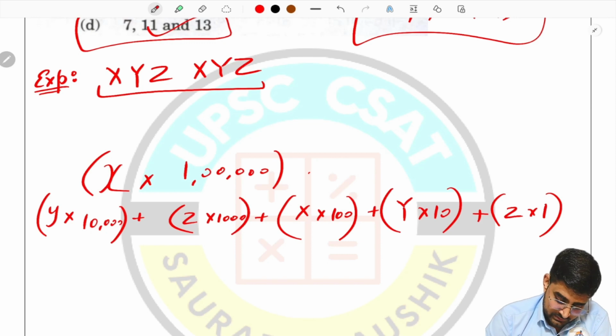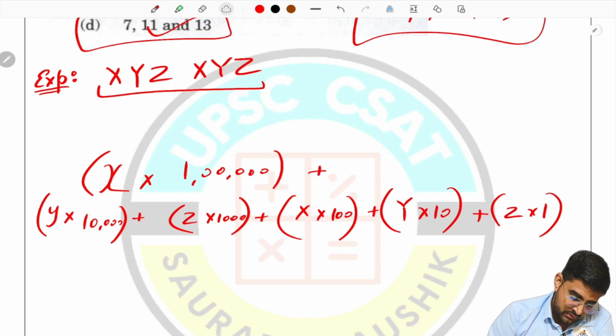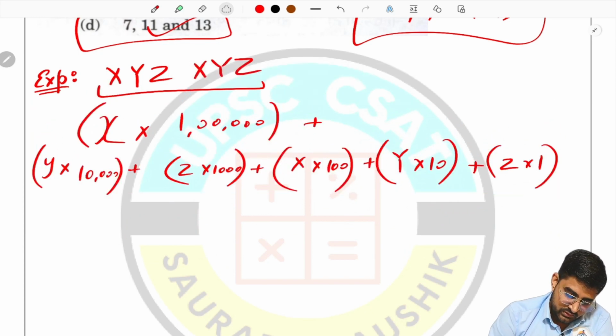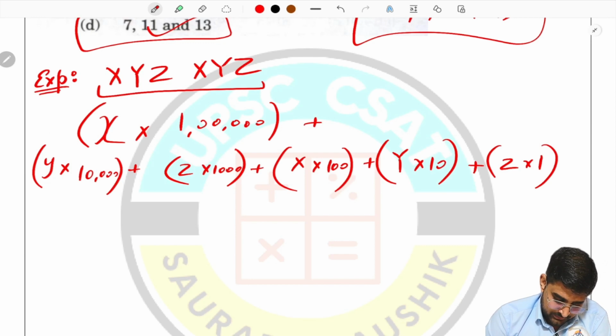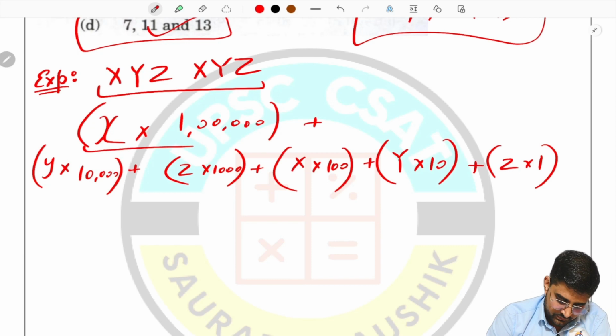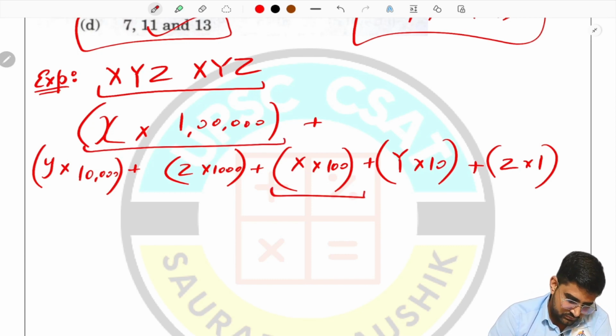This is also an addition. So this is the situation here. Now do one thing: take some commons. For example, x is here, x is here. Combine them.